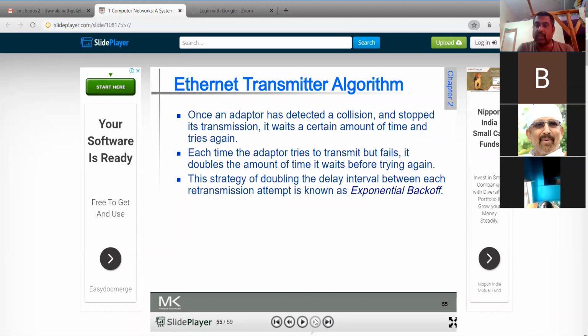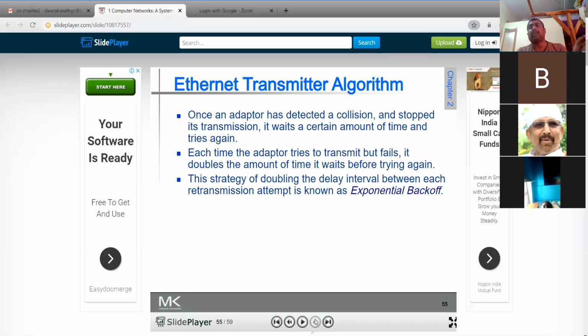And this strategy of interval, meaning the waiting time for a retransmission of a frame, we'll call it exponential back off. In short notes, they will ask you to explain exponential back off. Exponential back off means, in a collision detection system, once a collision of the frame has occurred, the sender will send a 32-bit jamming sequence and it will wait for a certain time.